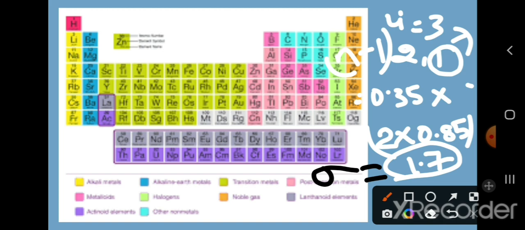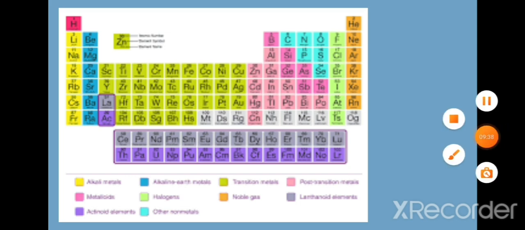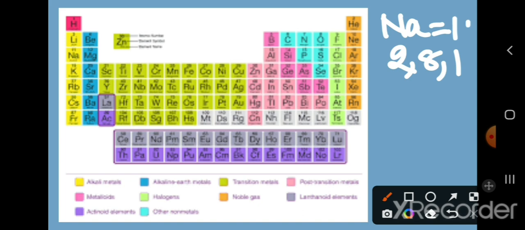Yeah. Now suppose I want to write for sodium. So solve. Sodium atomic number is 2, 8, 1, 11, right? Now calculate for that.